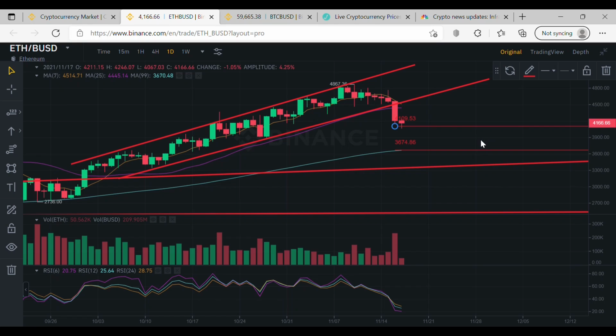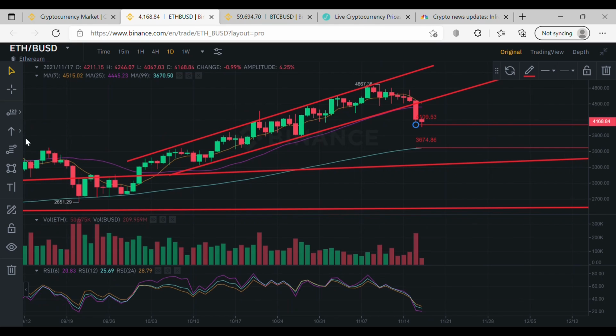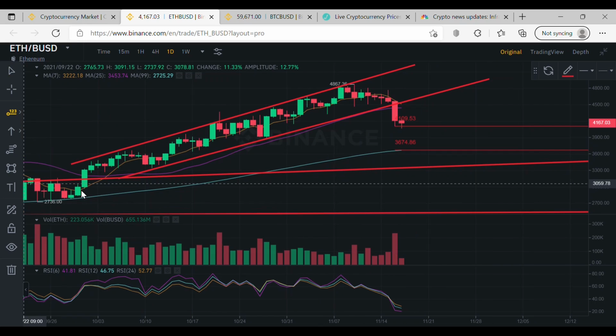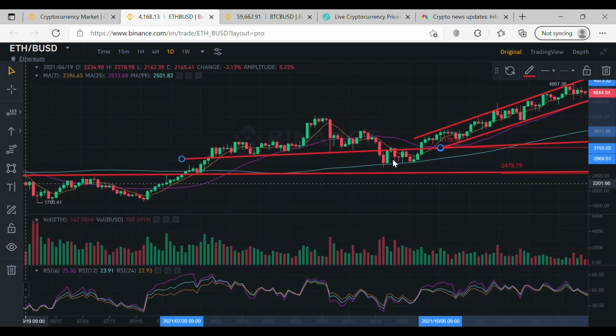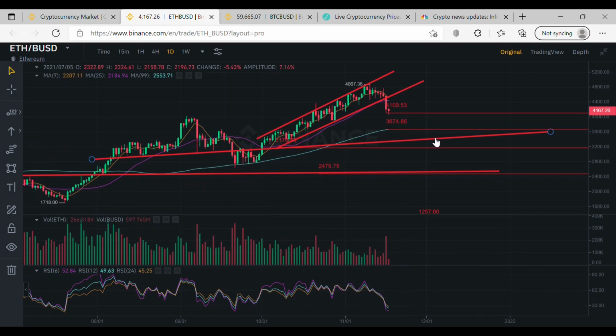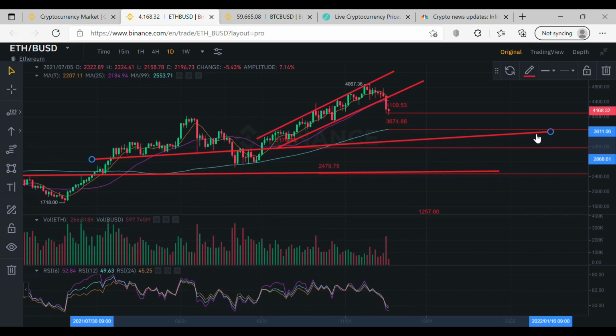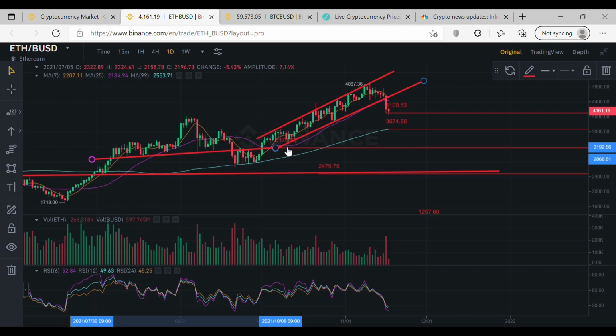So let's see where the final support for this price breakout will be, shall we? So we can move this one back here.